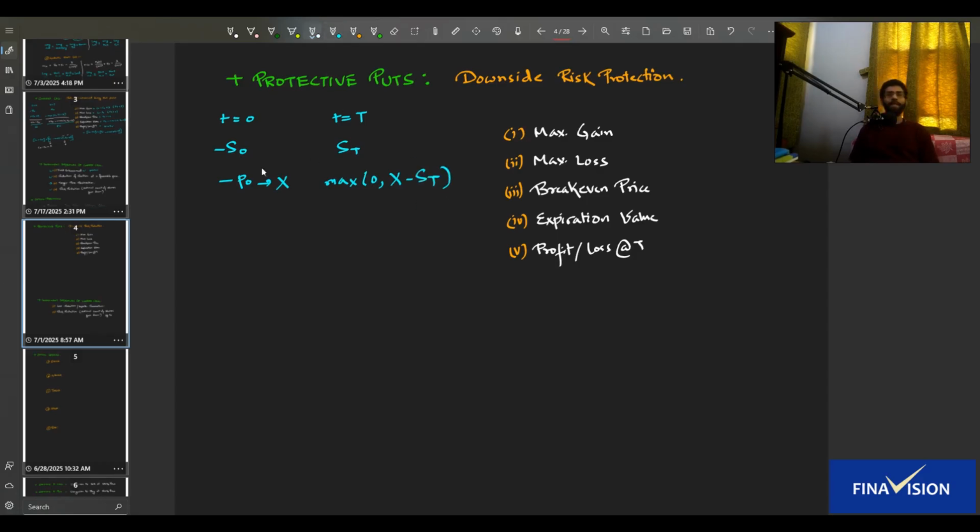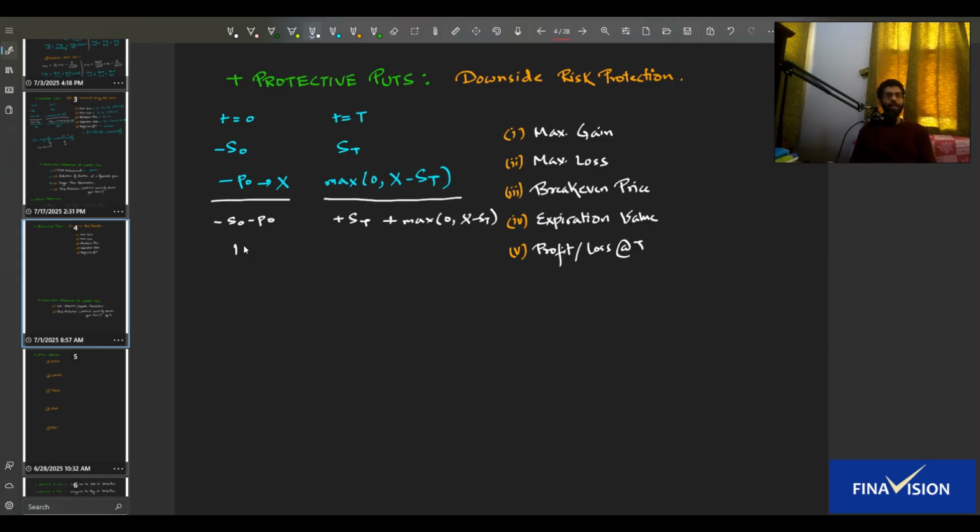So we can design here the cash flows at the initial stage and at the final stage. So here the initial cash flow is minus S0 minus P0, and the expiry stage cash flow is plus ST considering the stock is sold, plus max of 0 or X minus ST.